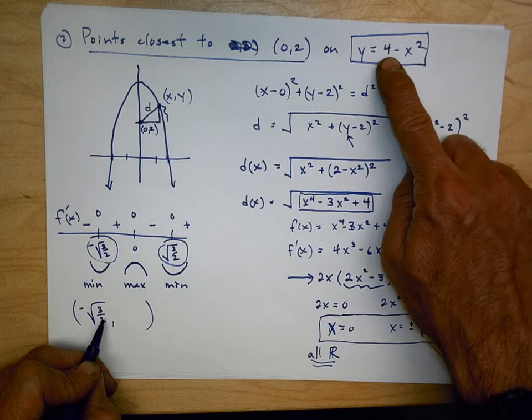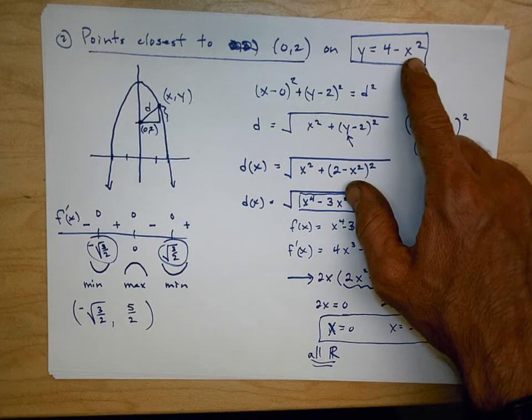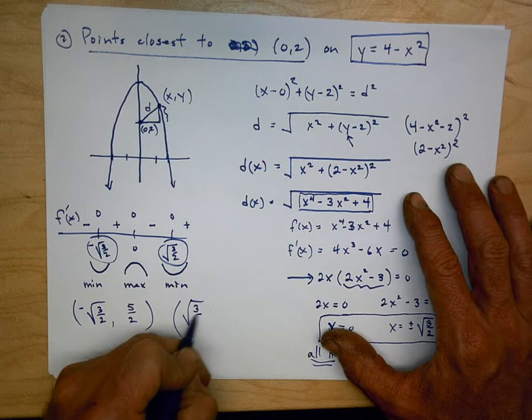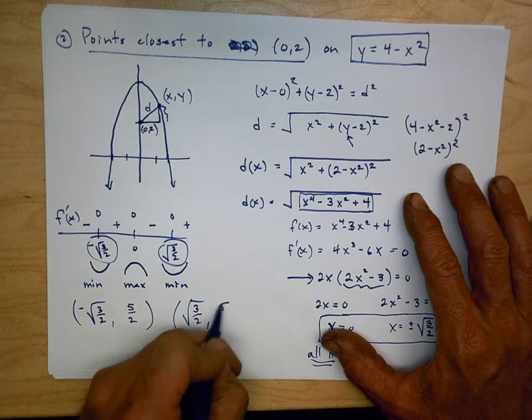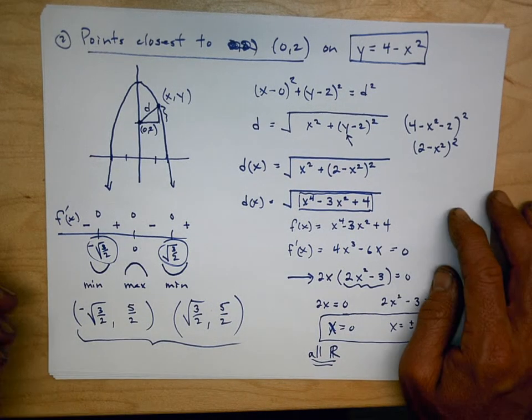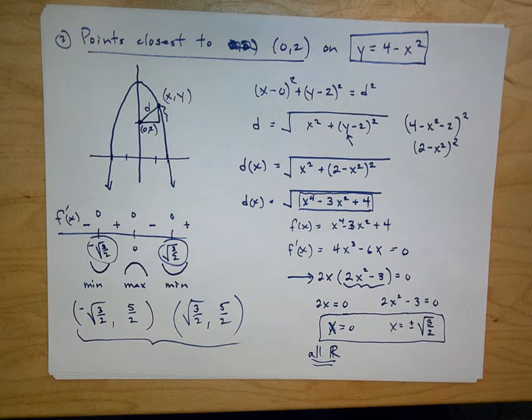So then I have 4 minus 3 halves, which is 2.5, or 5 halves. So that's one of our points. And then by symmetry, if we put in square root of 3 over 2, we get the same thing. So these are the points that are closest to 0, 2, and also lie on the graph of that function.